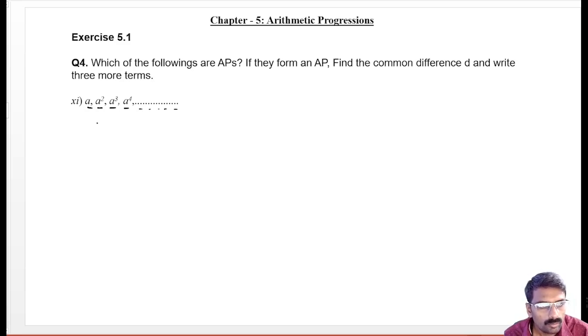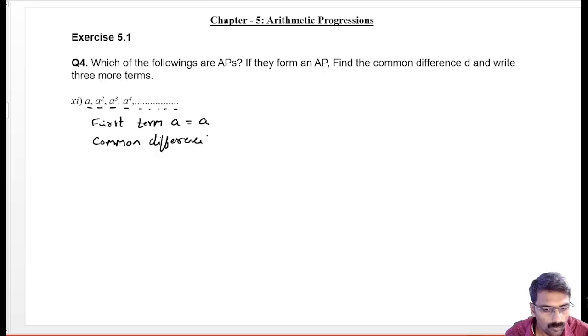And first term a is equals to a, common difference d is equals to a2 minus a1, that is equals to a square minus a.